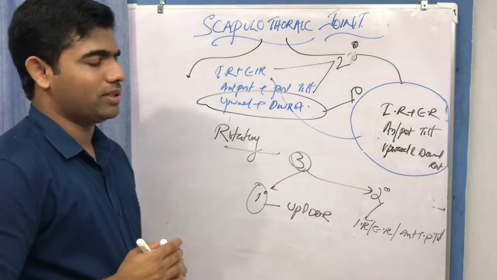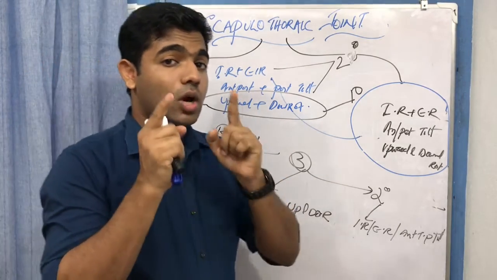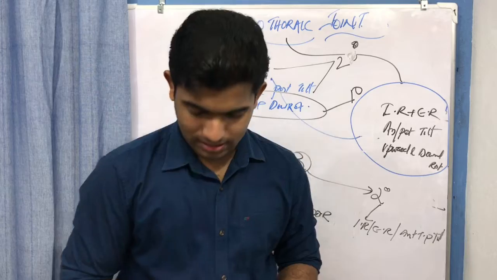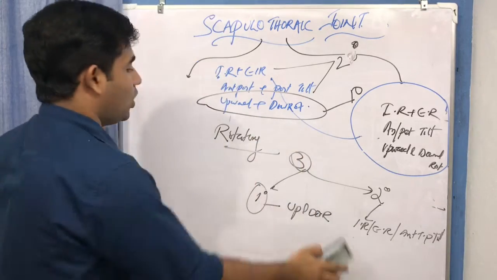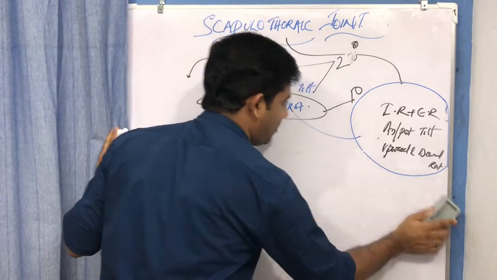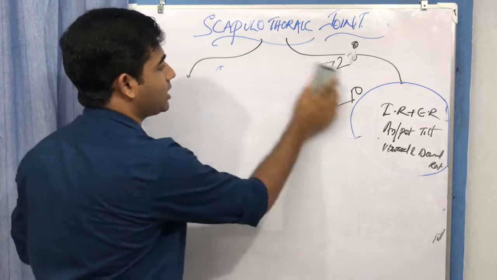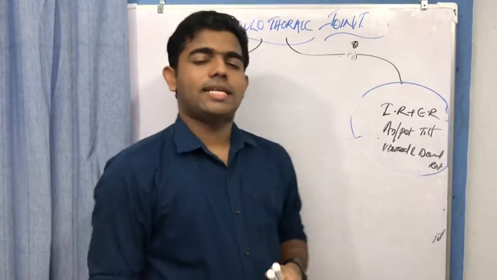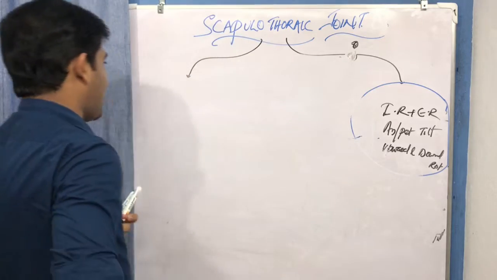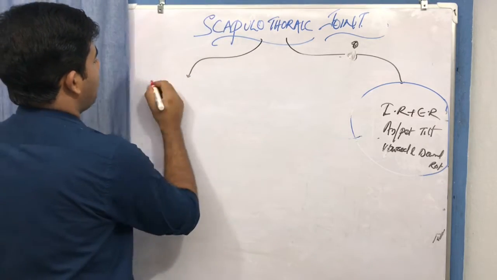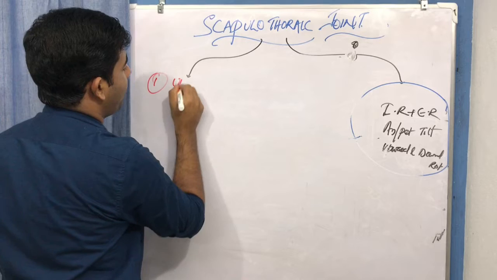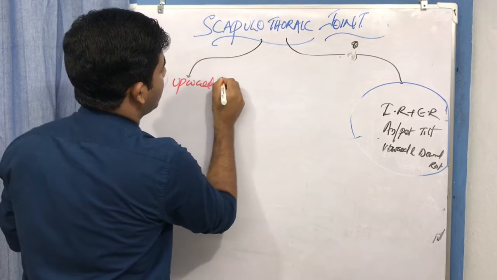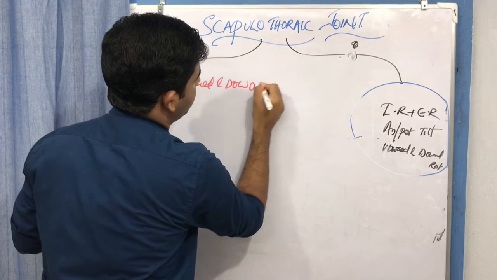Yes, that's so simple. So if anybody asks you what is the primary movement that is going to happen in the scapulothoracic joint, it is the upward and downward rotation, the most primary movement.